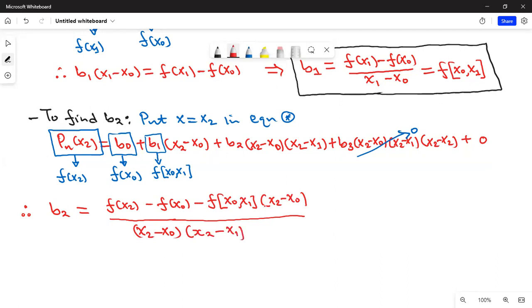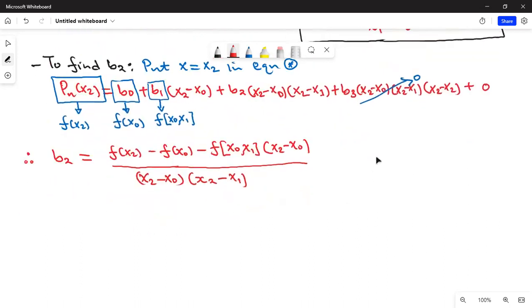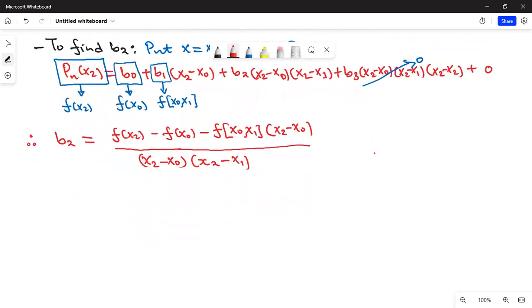Now we need to simplify. Remember, this can as well be written as f of x2 minus f of x1. I'm introducing f of x1, then we also add f of x1. I have not changed anything.